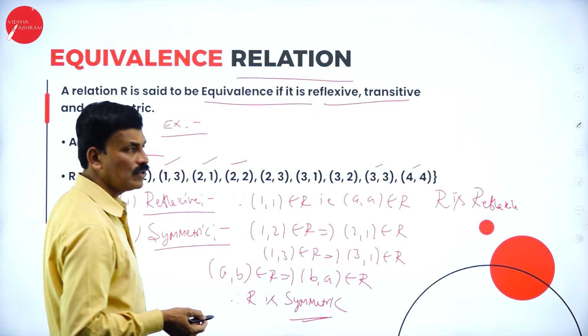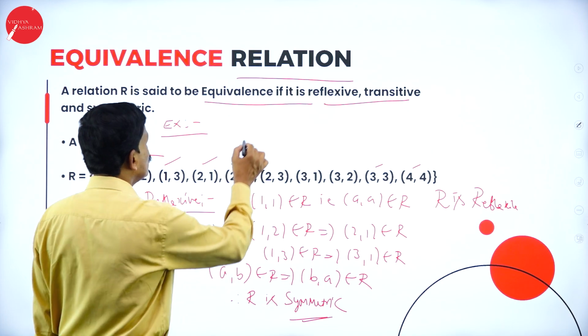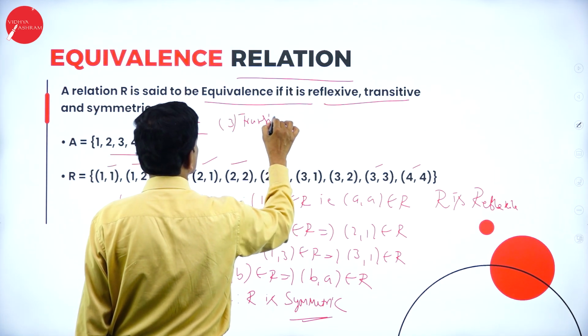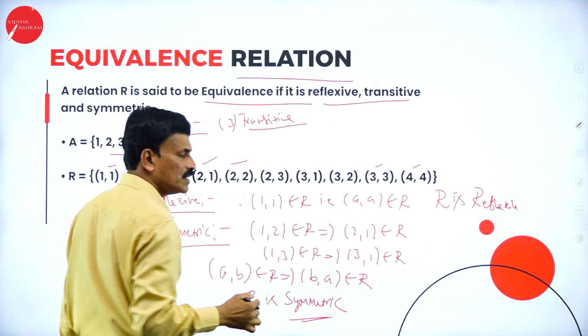Now, verify the last one, transitive. Transitive property, the third one. What is the condition for transitive?